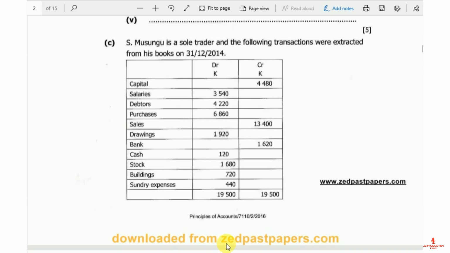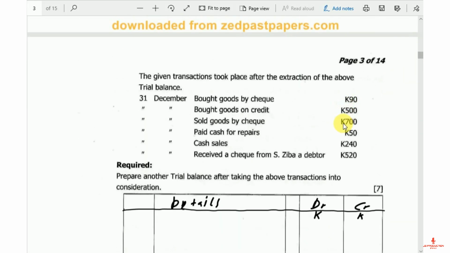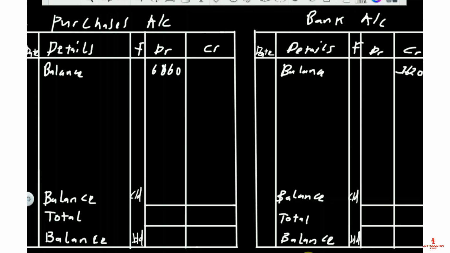And let us look at the transaction. The transaction amounted to 90 kwacha. So bought goods by check amounting to 90 kwacha. So in the purchases account there, we're going to say bank. And since the sole trader bought the goods, that means that the goods were brought into the business, and we're going to record that to the debit side.